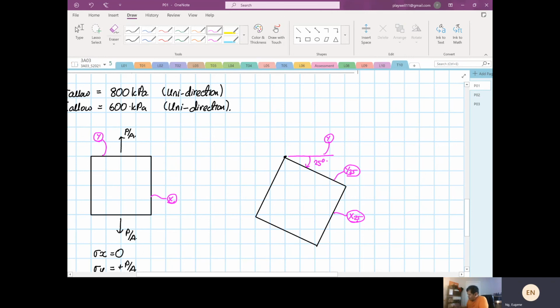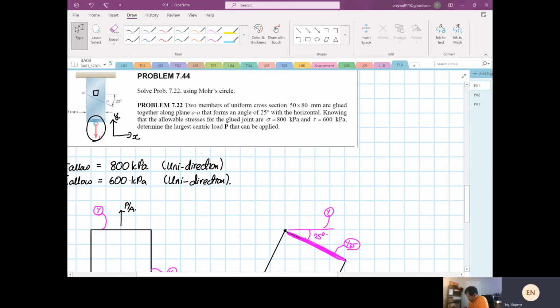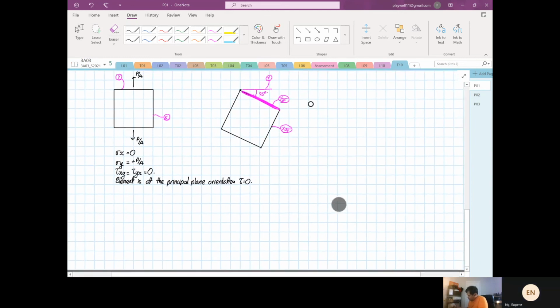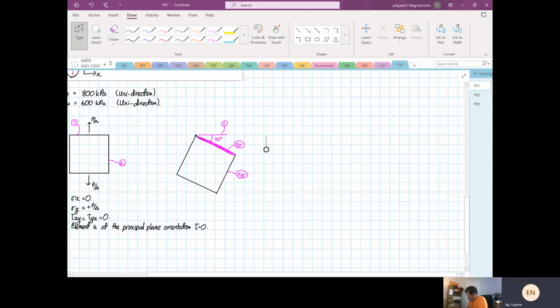You don't need to find what's going on at X25 because this is the region of the glue, which I'm highlighting now. This is where the glue is, and this is where it's important. So X25 is not critical. Now I'm going to construct the Mohr circle, sketch it again.